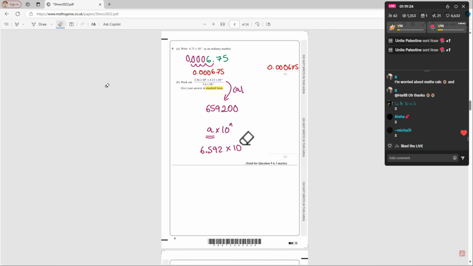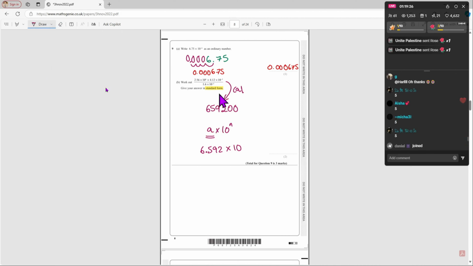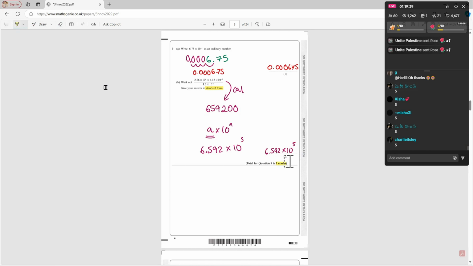It is going to be a 5. Well done, guys. My final answer is 6.592 times 10 to the power of 5. Well done, guys, for getting that correct. That was a 3-mark question.